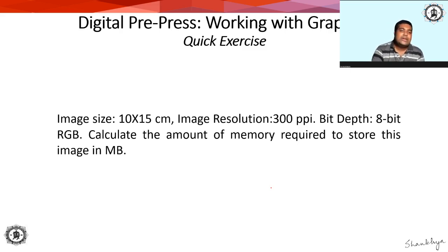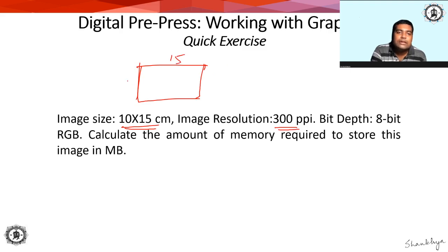What is given? You have been given an image which has an image size of 10 by 15 centimeters. The image resolution is also given: 300 ppi. This is the image which is 10 centimeters by 15 centimeters.